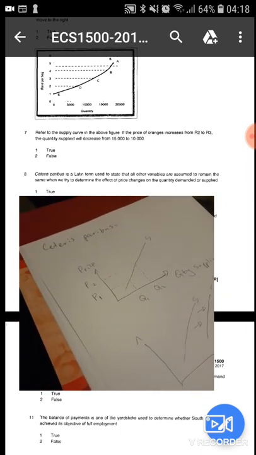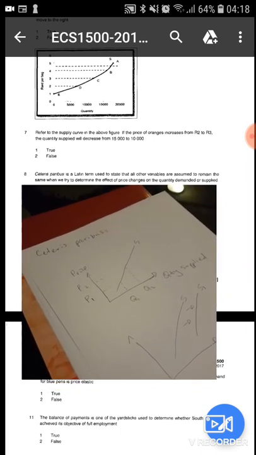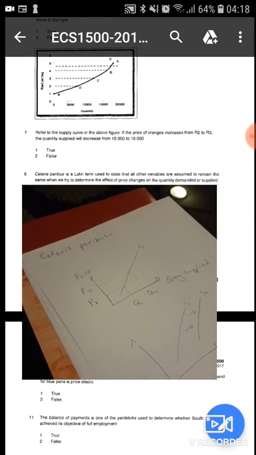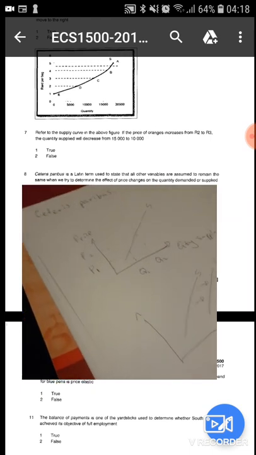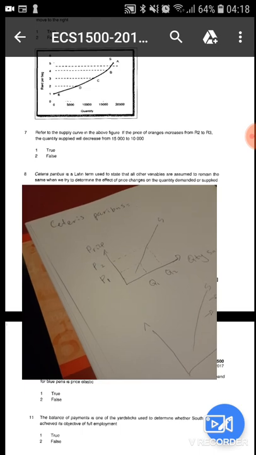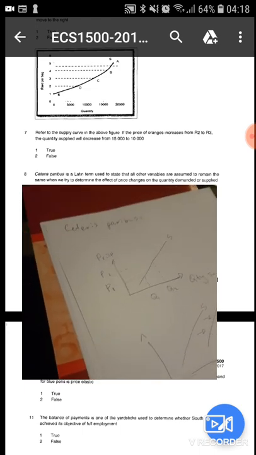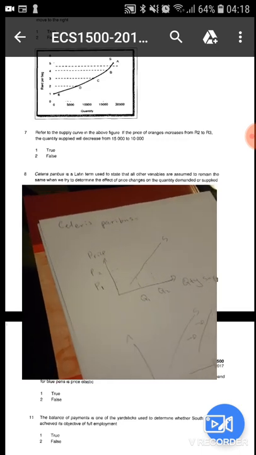So this one is used to invoke the law of demand and the law of supply, because we have many factors that can affect the law of demand and the law of supply, because as time evolves, things tend to change.